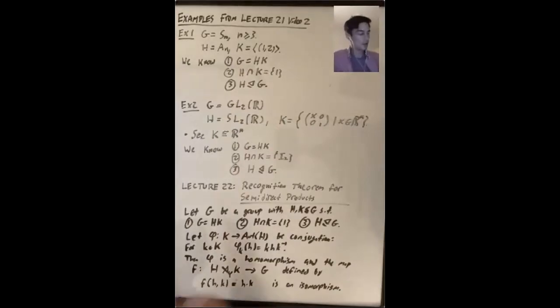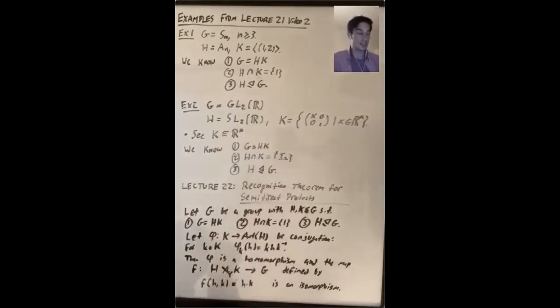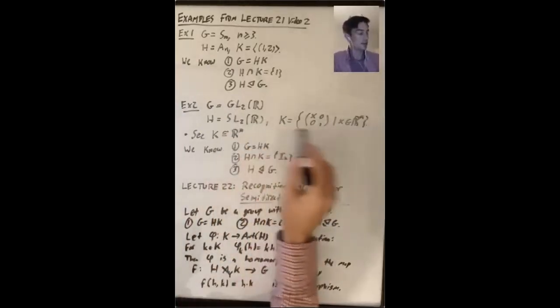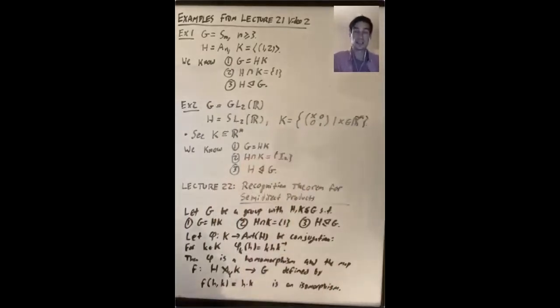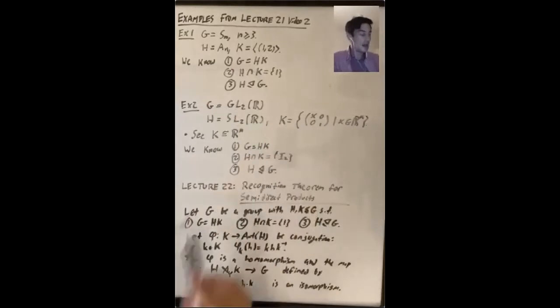So we saw that you could write G as HK, that anything in G is equal to something in H times something in K. It's clear that the intersection of these two subgroups is the identity matrix only, so the identity of G. And H is a normal subgroup in G because H is the kernel of this homomorphism that goes from GL2R to R star, that is, take the determinant of your matrix.